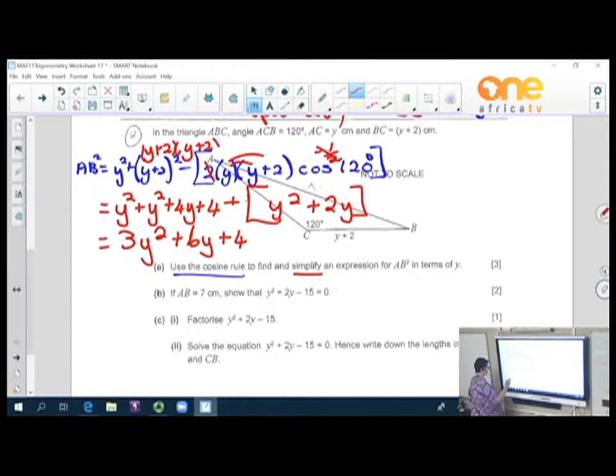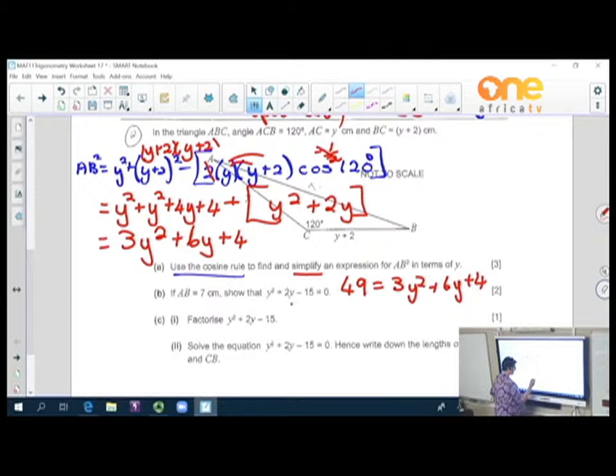Now here at B, they tell you AB is 7. So now I'm going to square that 7, which makes it 49. 49 is equal to 3y squared plus 6y plus 4.